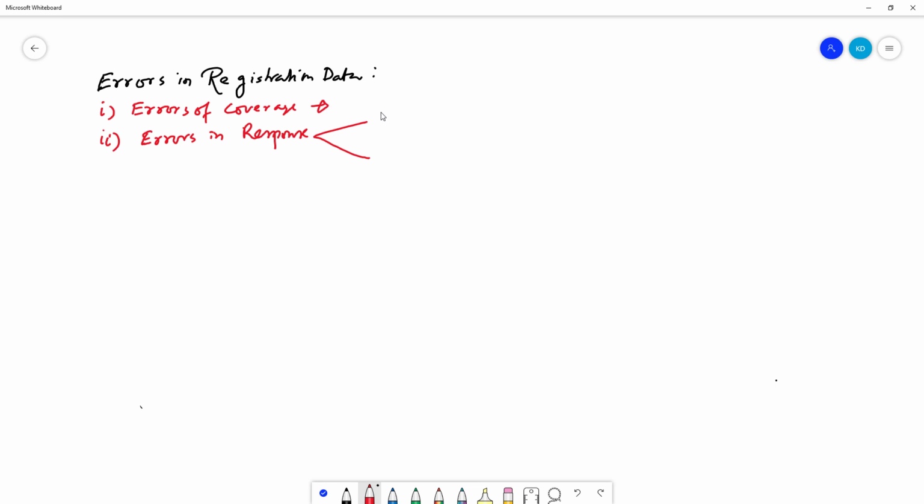One, errors in recording the place in which birth and death occurs.